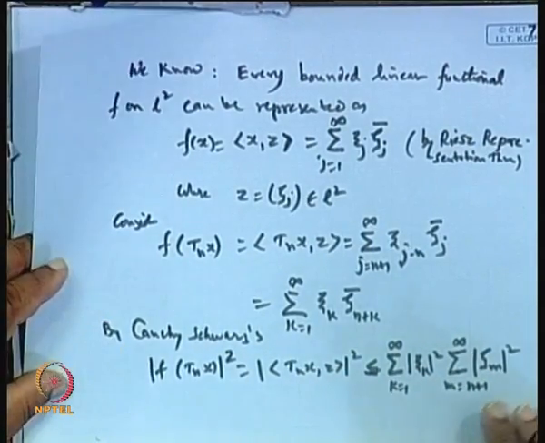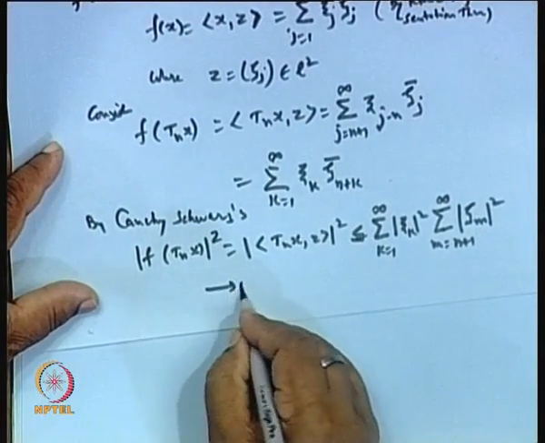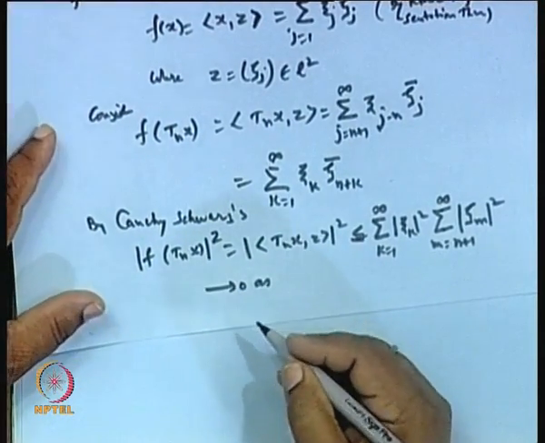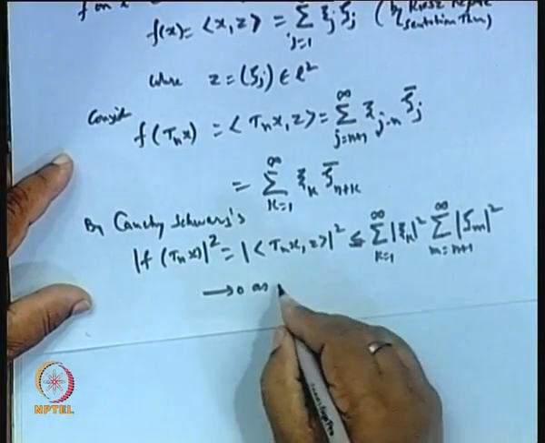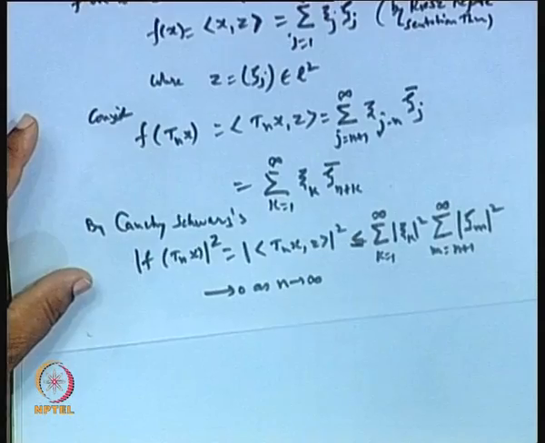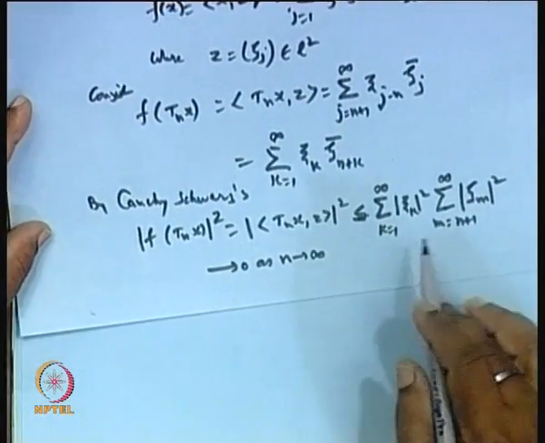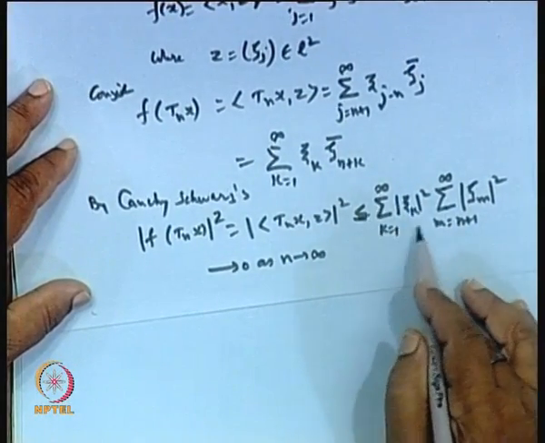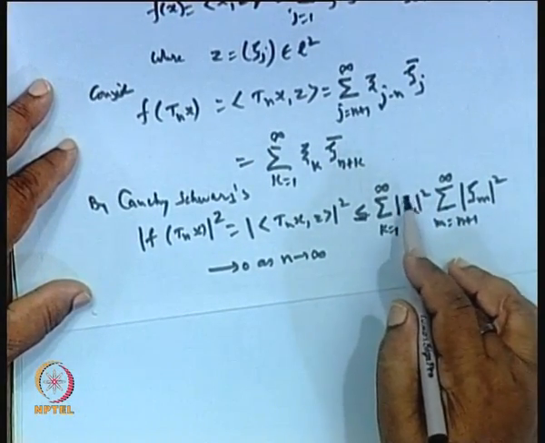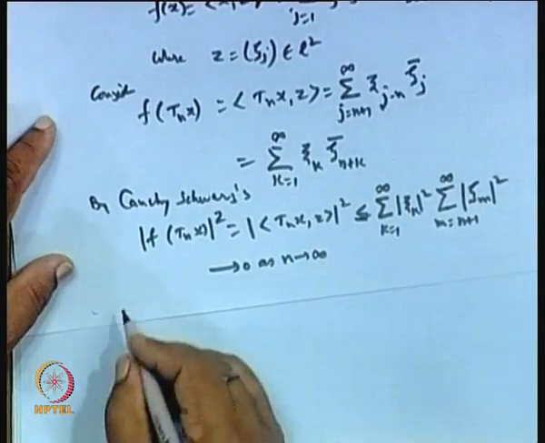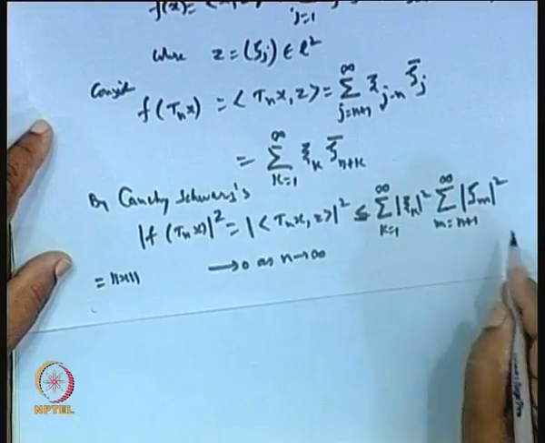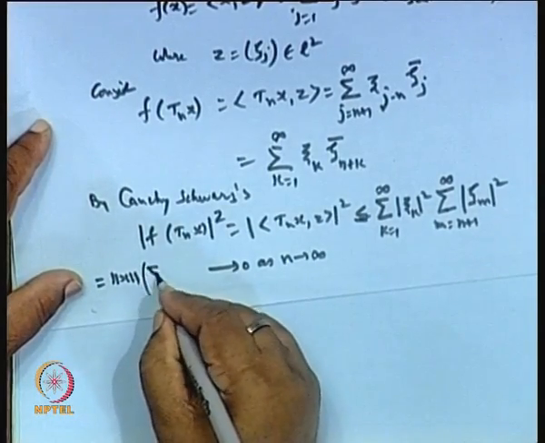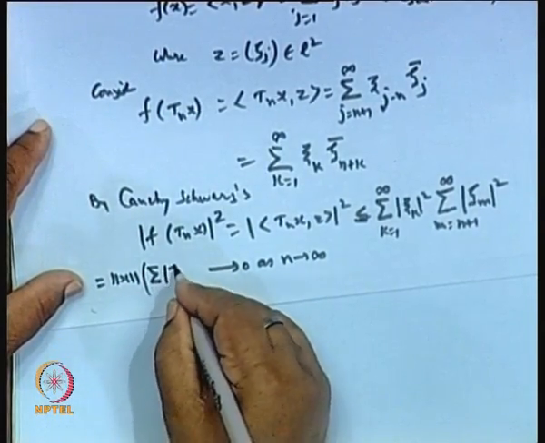Now, this will be less than or equal to. Now, we claim this goes to 0 as n tends to infinity. Why? Because this part is finite, it is the norm of x, and this part is the remainder of a convergent series.